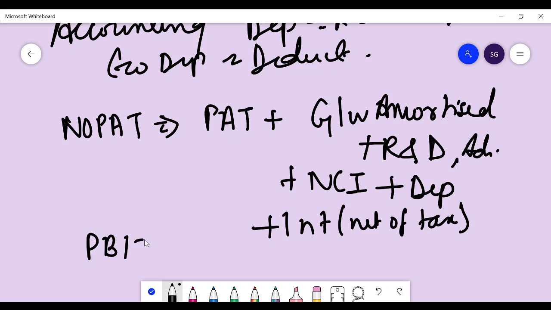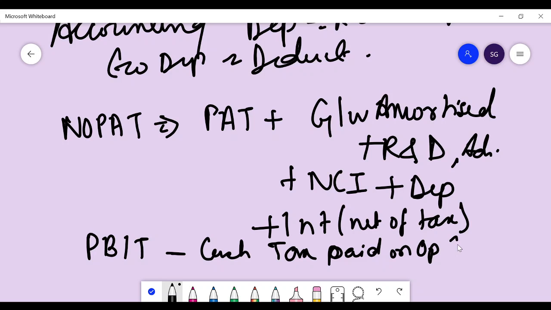Or we have another formula: profit before interest and tax minus cash taxes paid on operating profit, add goodwill amortized plus research and development and advertising plus non-cash items plus depreciation.